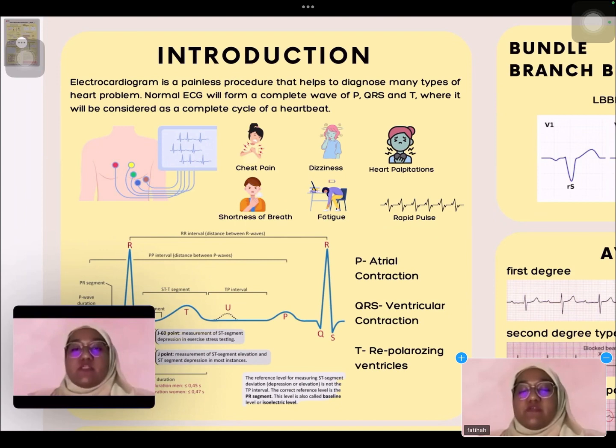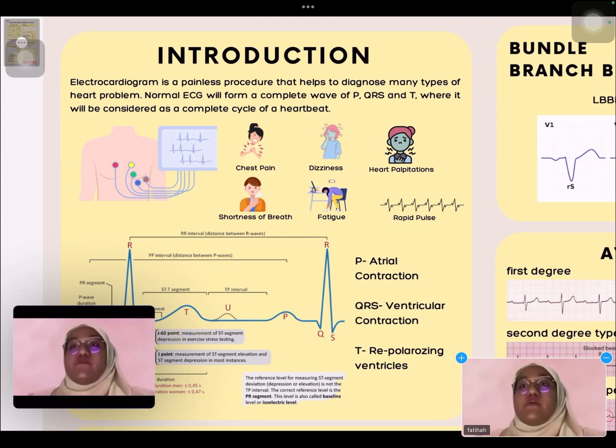Either the patient has had a previous heart attack, we also use the ECG procedure, and also to follow up with pacemaker patients. So a patient might need an ECG if you have these signs and symptoms, which are chest pain, dizziness, heart palpitation, shortness of breath, fatigue, and rapid pulse.